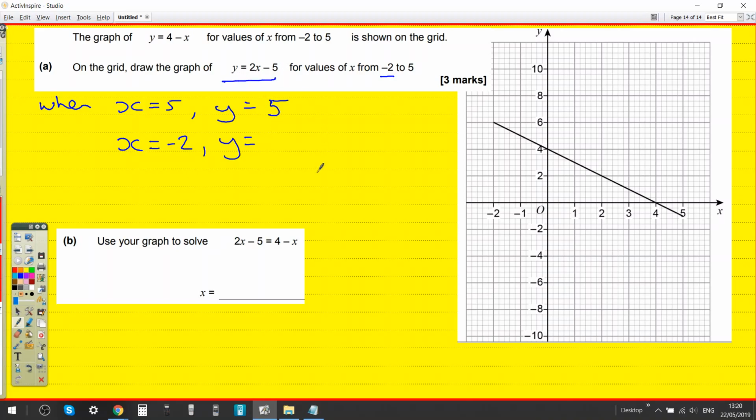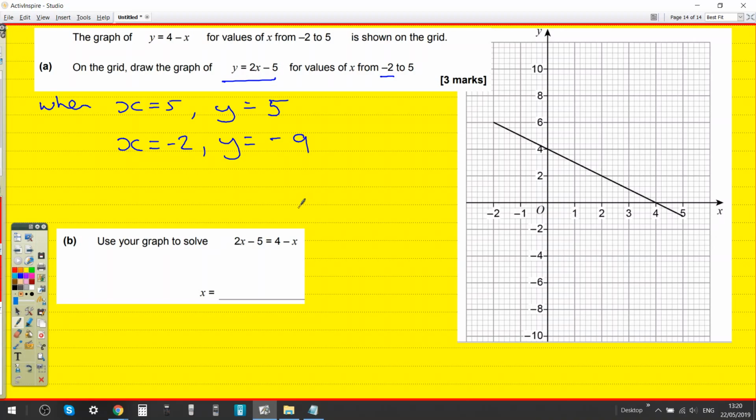So minus 2 times 2, which is minus 4. Mm-hmm. And then minus 4 take away 5. So that's down 5, so that's minus 9. Yeah. And how do you use those to draw the graph?